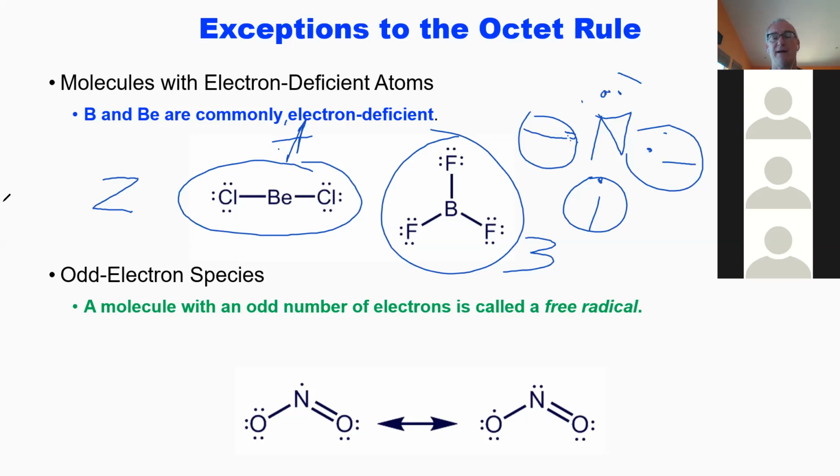Sometimes you're going to have odd numbers of electrons, and we call those radicals. Remember, when you have just one unpaired electron, it's called a free radical, and these things are extremely chemically active. That's why hydrogen peroxide is such an efficient method to kill bacteria and other things. It's because peroxide looks like this, and then it has that 1 electron.